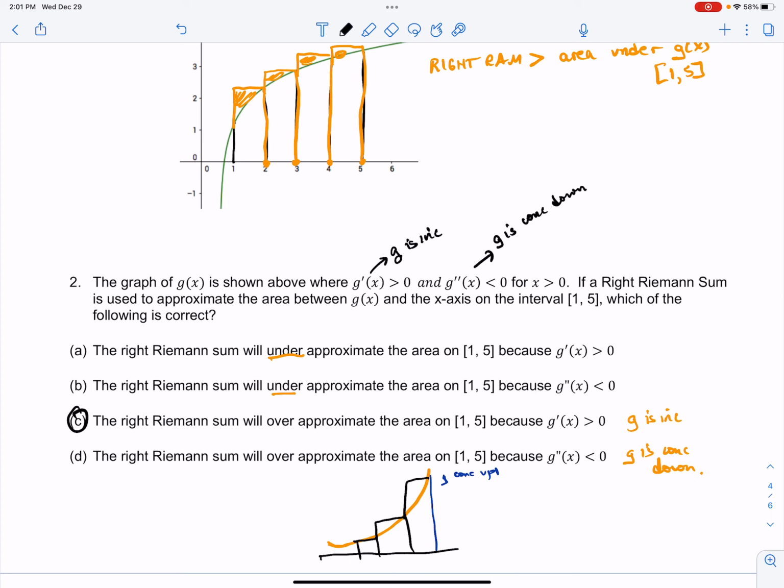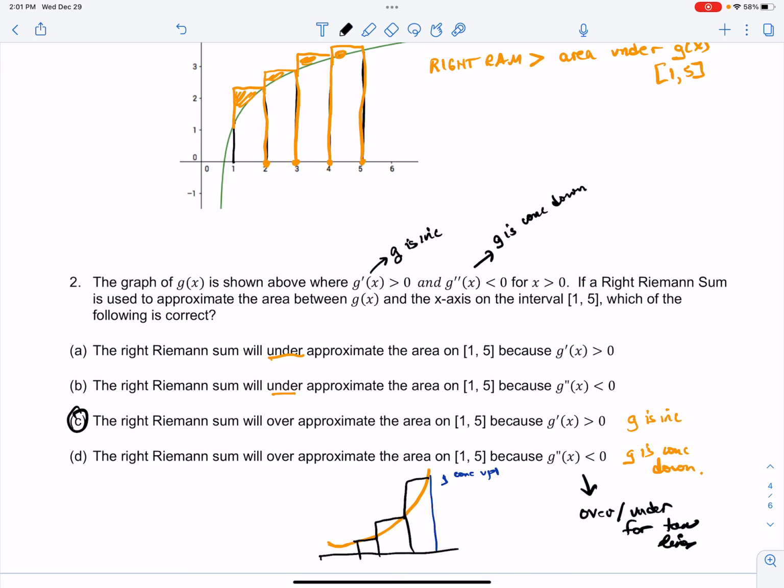If we want to know if right RAM is an over or under approximation, the reason would be more so for the increasing, decreasing behavior, because concavity is only an over or under approximation for tangent lines.